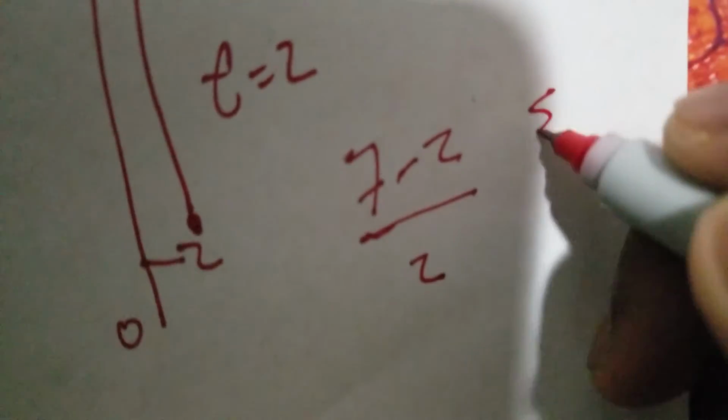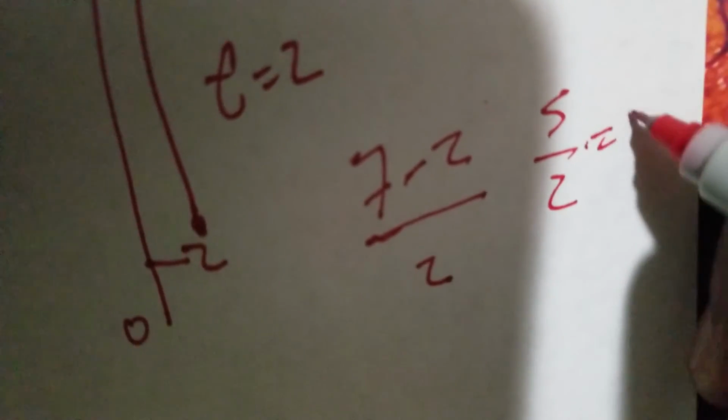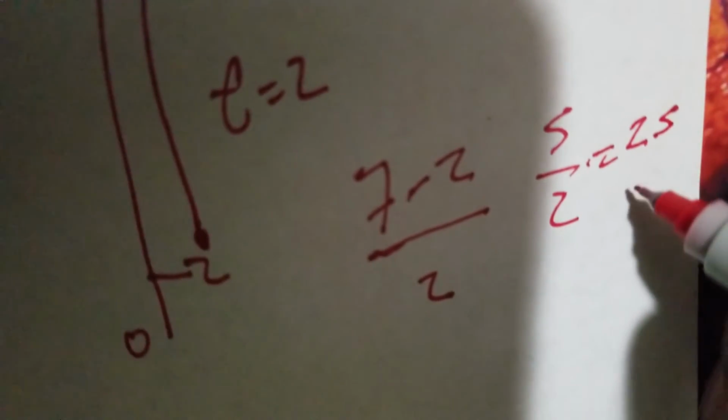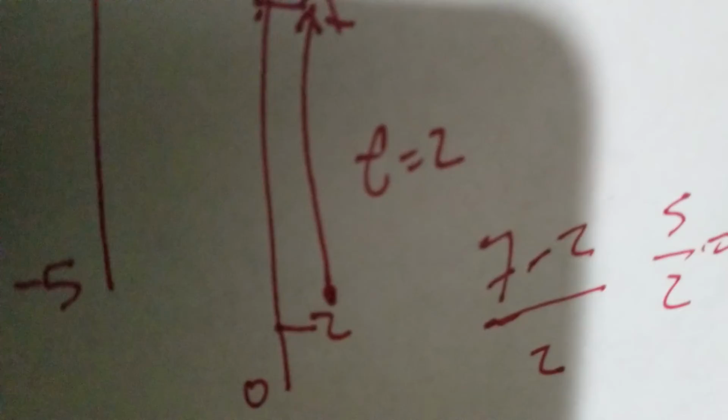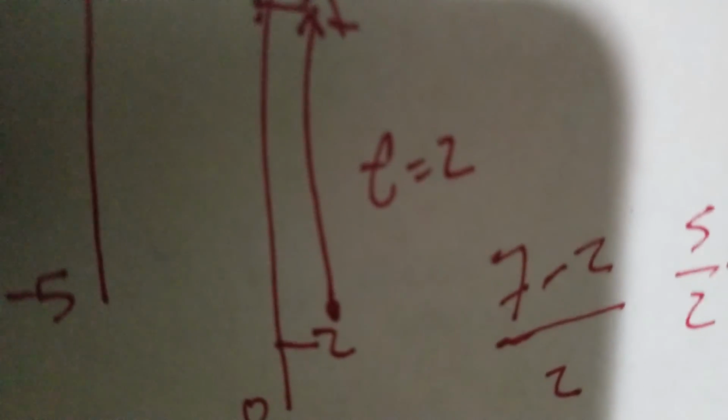So we have 5 over 2, which is positive 2.5, which means that our velocity is positive. So whenever we have something that's increasing as a displacement, as it's increasing either right or going up, our velocity will be positive, and if our displacement is going left or down, then our velocity will be negative.